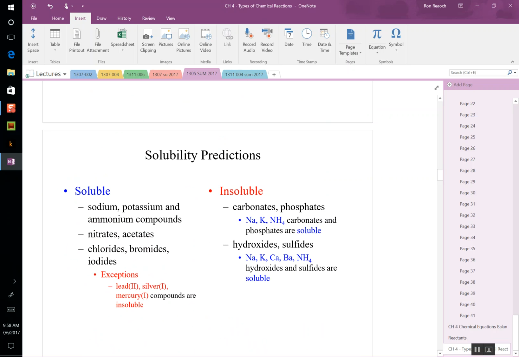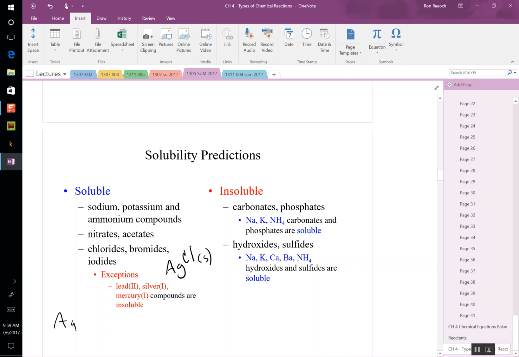Chlorides, bromides, and iodides are soluble in water, except, so this has some exceptions, lead, silver, and mercury compounds. Chlorides, bromides, and iodides of those are not soluble in water. So silver chloride would precipitate.